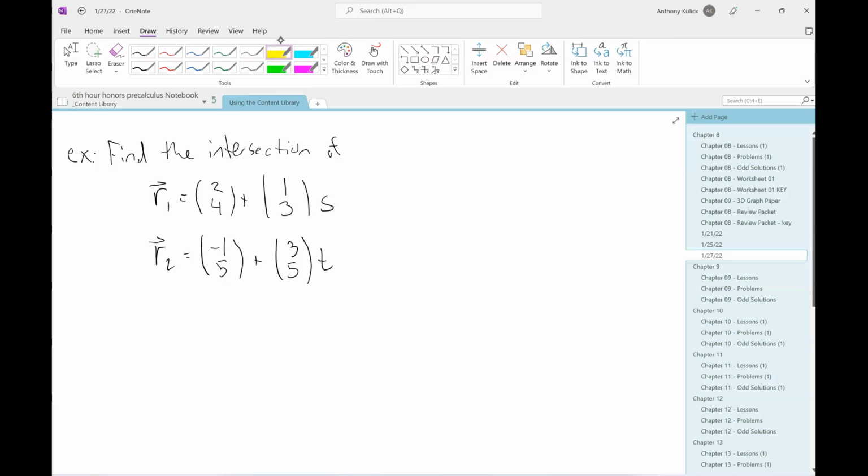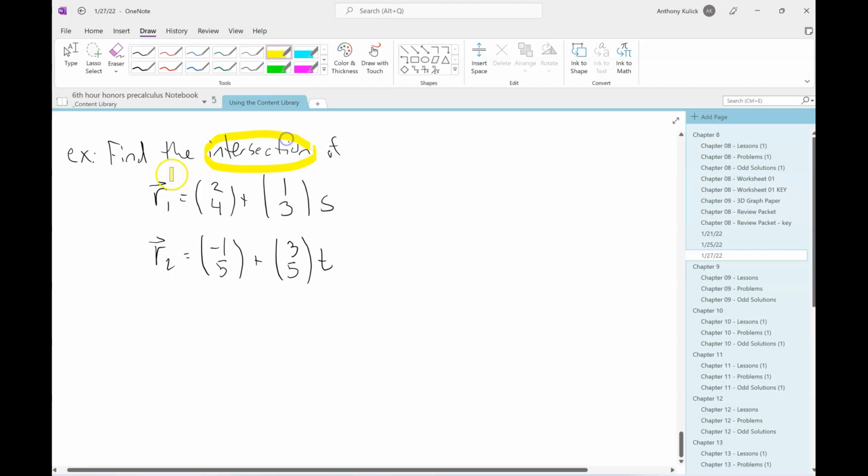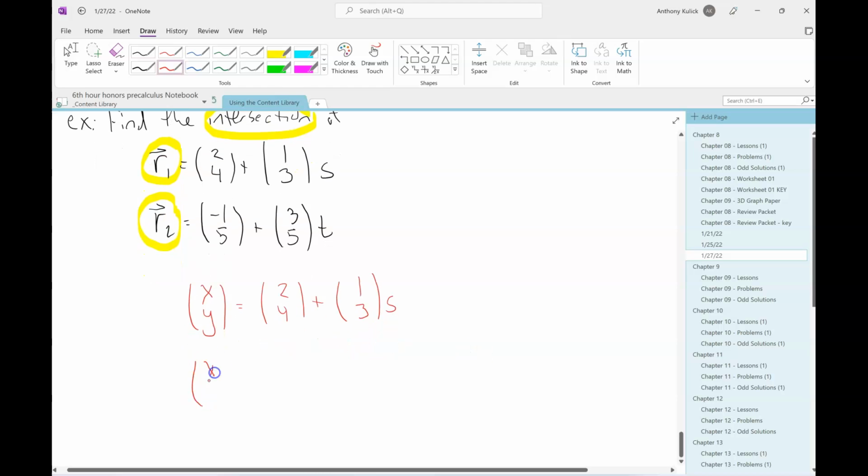So if we talk about an intersection between the two lines, what we're talking about then is a point vector that's on R1 and also on R2. Everybody agree with that? So let's say we have the vector xy that's on R1 and the vector xy that's also on R2.